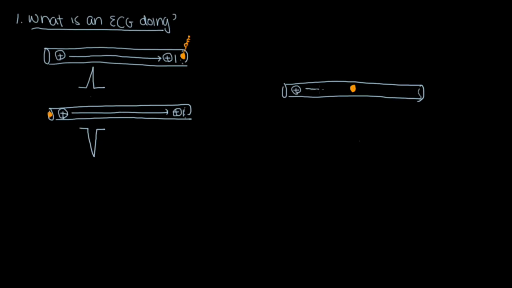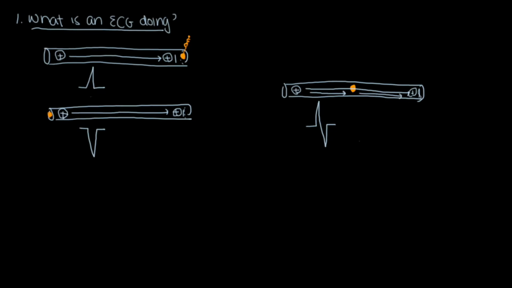If the charge moves again all the way to the other side, like this, and stops at the end here, then what would the sensor see? It would see the charge moving toward it first, and then it would move away from it, right? So what the sensor would see is, hey, it was still at first, then moves toward it, then away from it, and then now it stops.